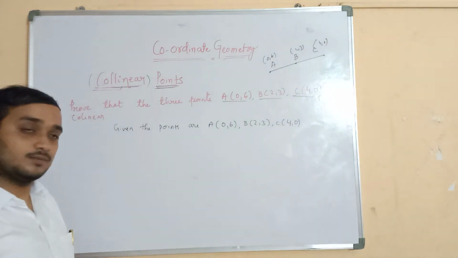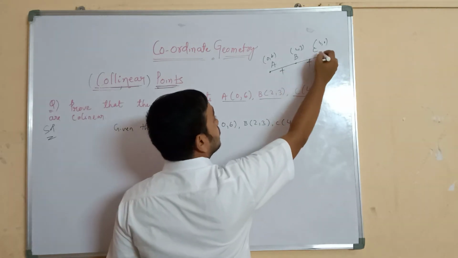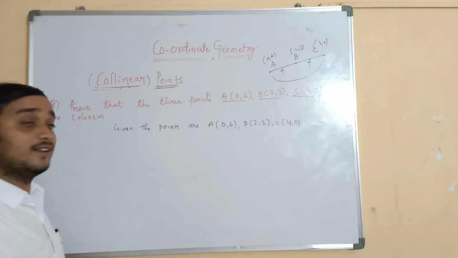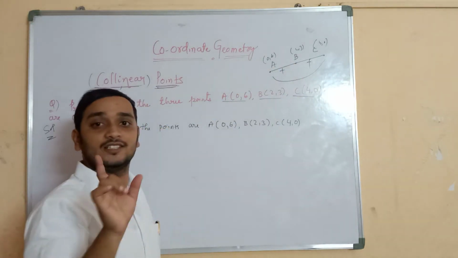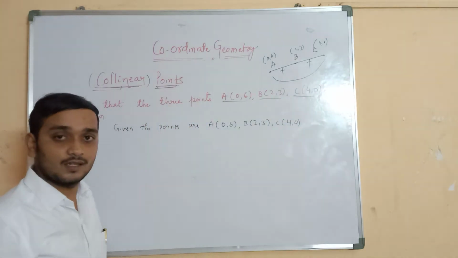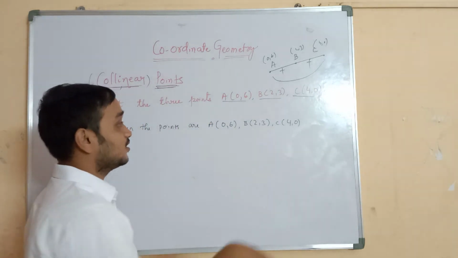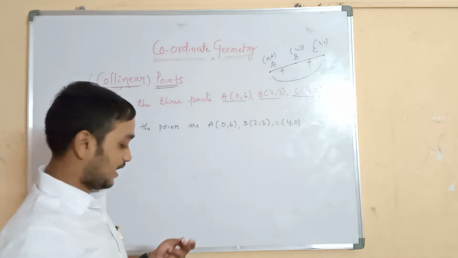What is that theorem? If AB plus BC is equal to AC, we have to find the length of AB, the length of BC, and the length of AC. In the previous class we discussed how to find the distance between 2 points. That formula will be applied here.